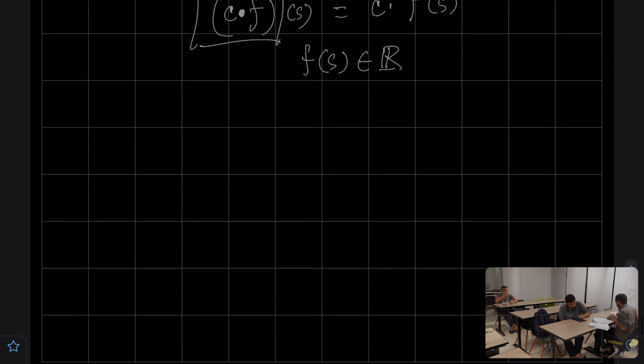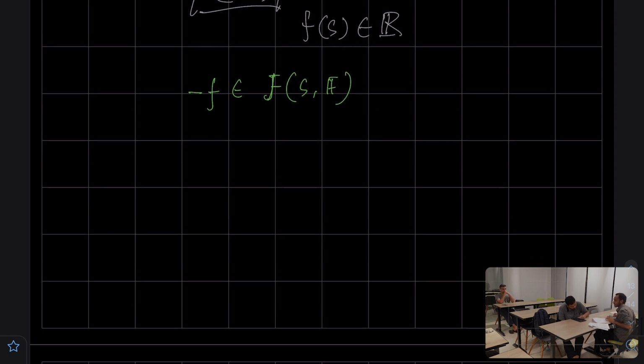So this is actually a vector space. Why? You can show that there exists a minus f in the set, so that minus f plus f acting on s is equal to what? This is simply minus f of s plus f of s.